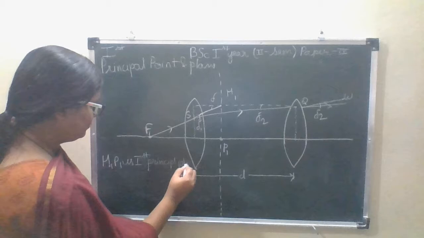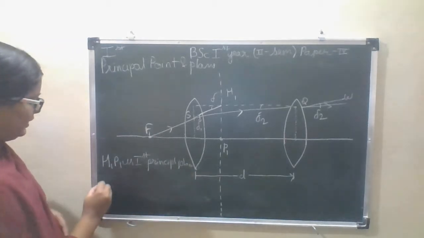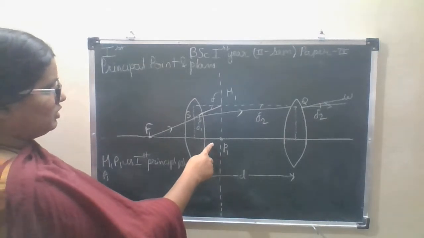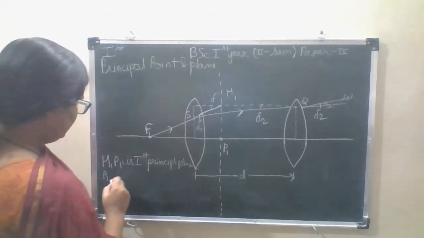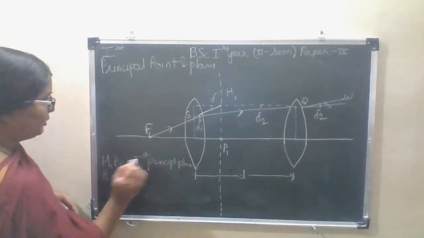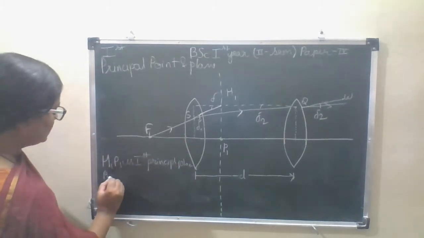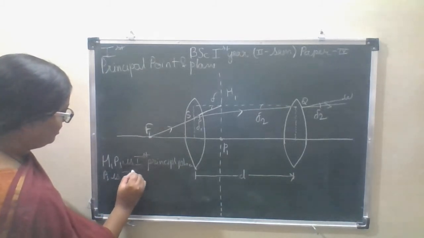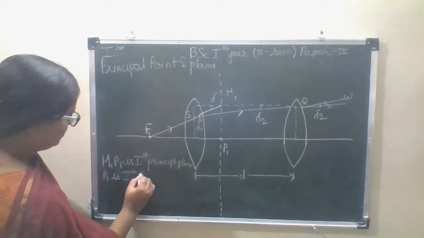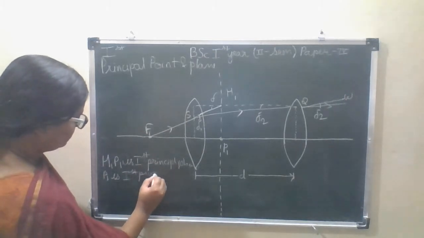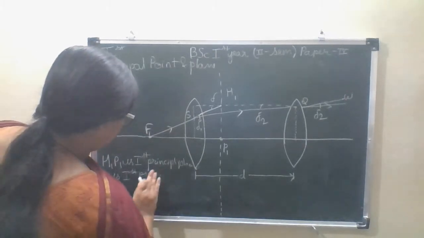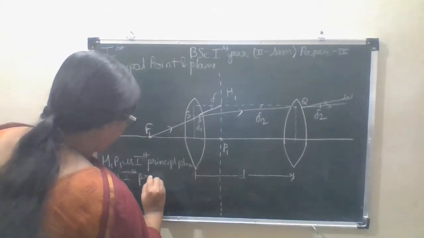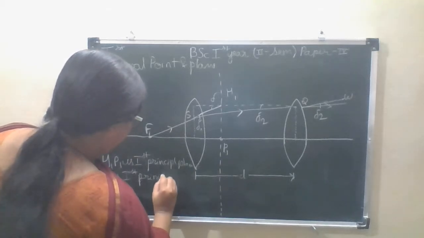P1 is the point of intersection with the axis, where the perpendicular to the plane meets it, and it is called the first principal point.